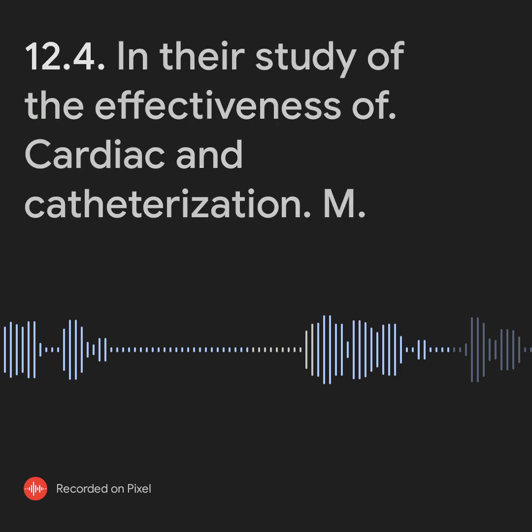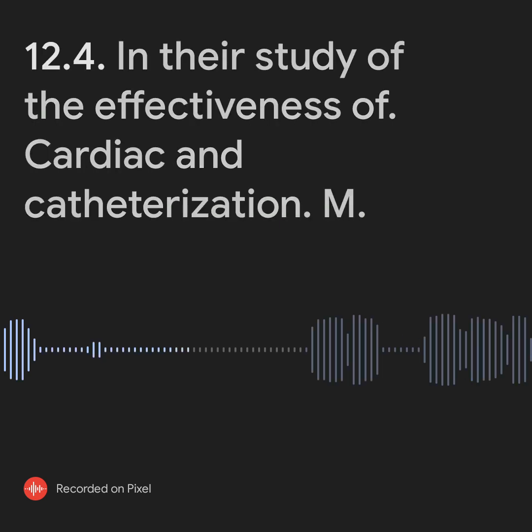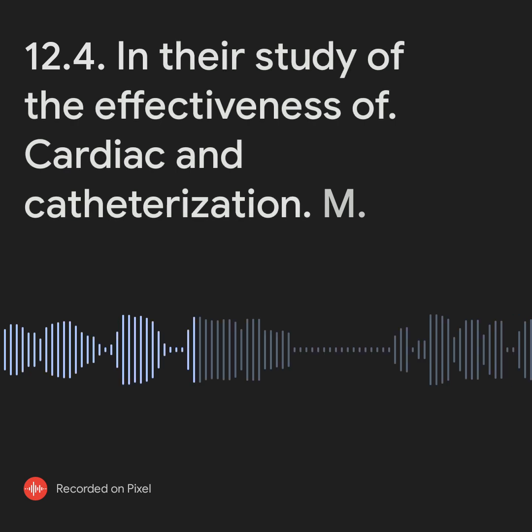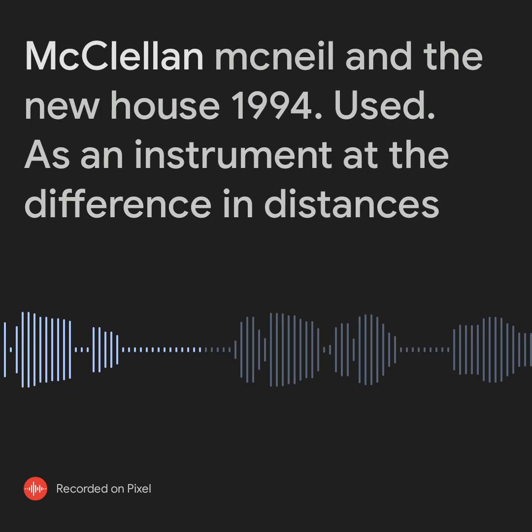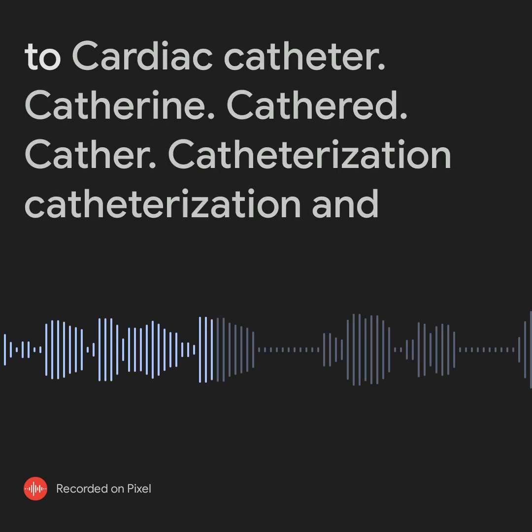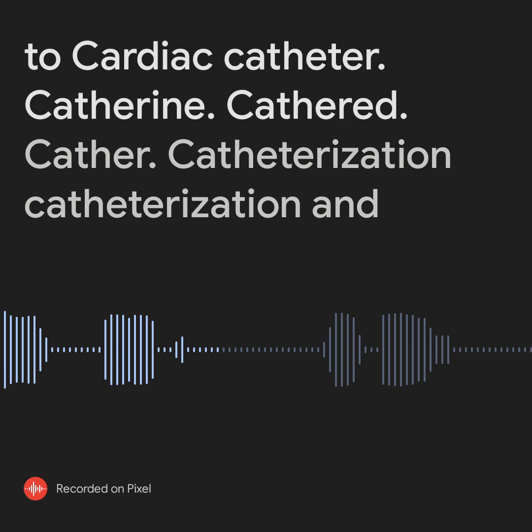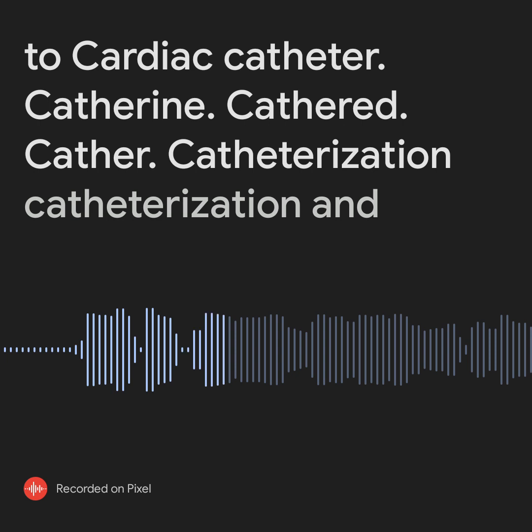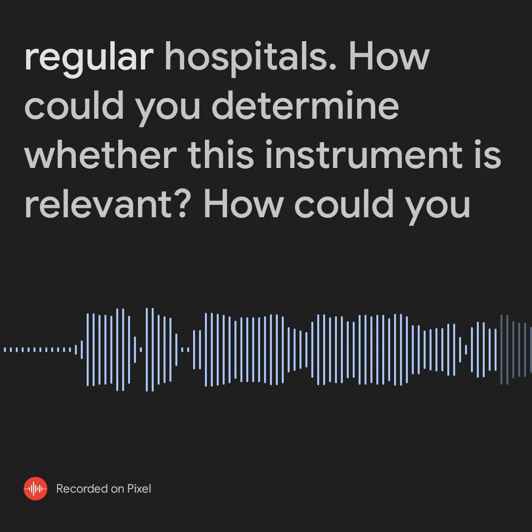Review the concept 12.4. In their study of the effectiveness of cardiac catheterization, McClellan, McNeil, and Newhouse, 1994, used as an instrument the difference in distances to cardiac catheterization in regular hospitals.